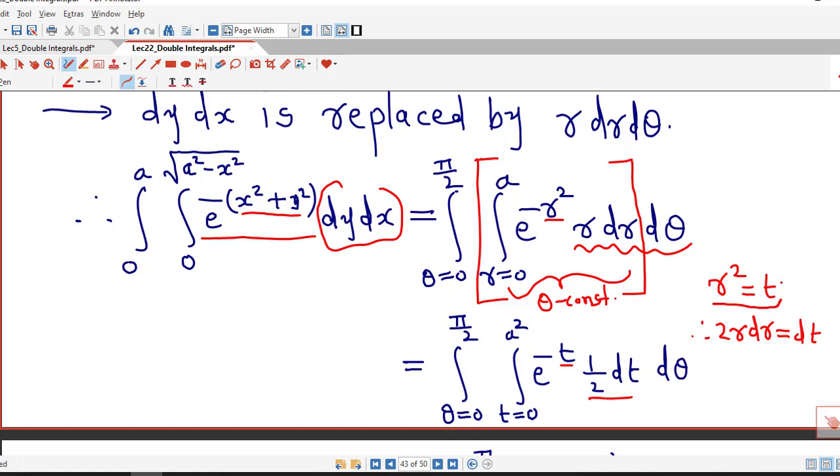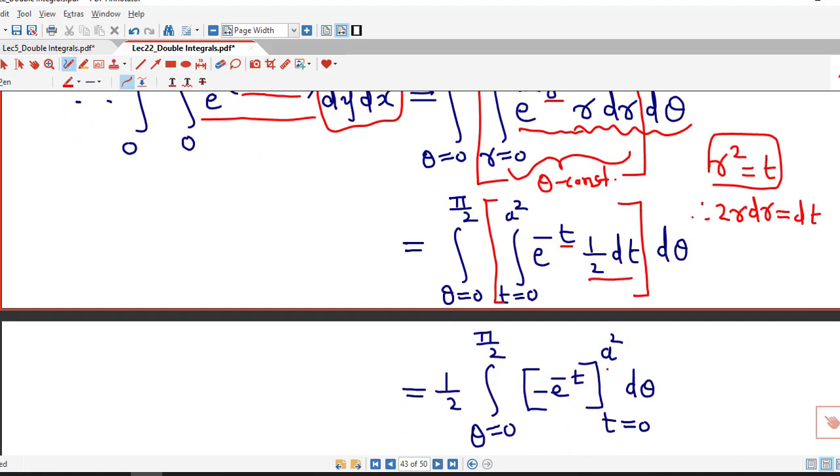Now when r equal to 0, t is 0, and when r equal to a, t is a square. So limits of new variable t are from 0 to a square, and this becomes e raised to minus t times 1 by 2 dt, and then we will integrate with respect to theta after integrating with respect to t.